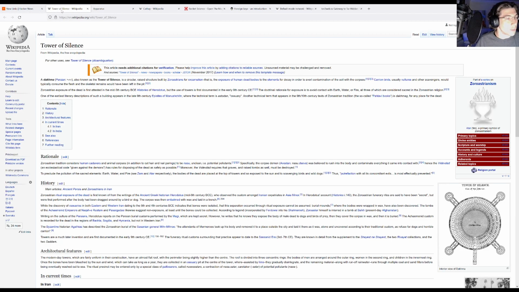All right, back to here. Tower of Silence. A dakhma, also known as the Tower of Silence, is a circular raised structure built by the Zoroastrians for excarnation. Oh wow, wait. Exposure of the dead to the elements. Oh wow. In order to avert contamination of the soil.